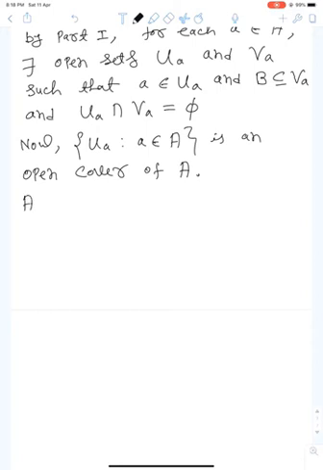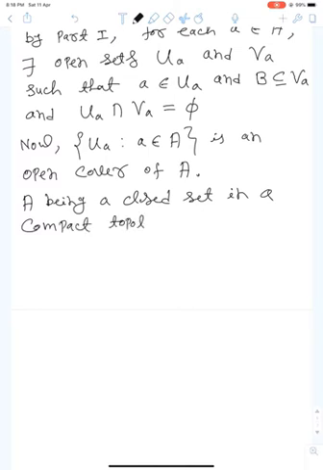Now A being a closed set in a compact topological space X is also compact.